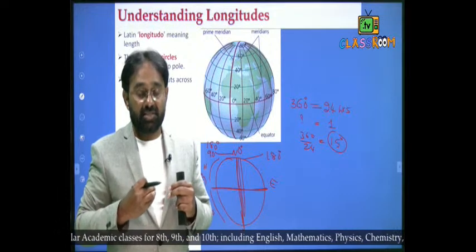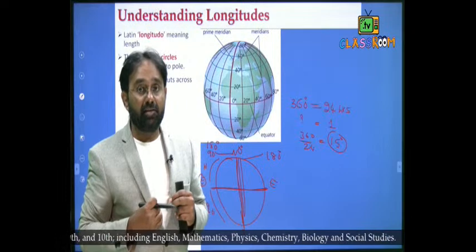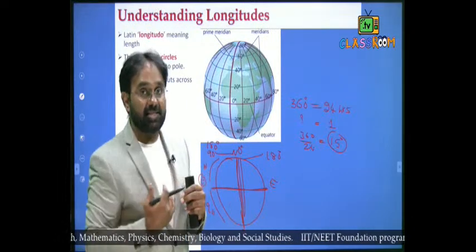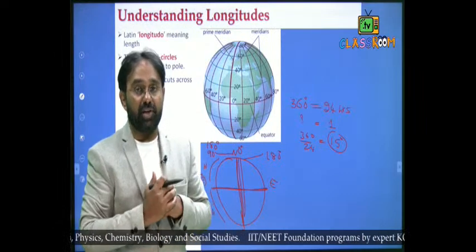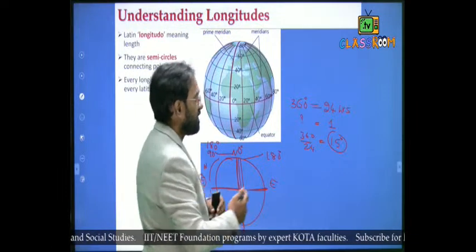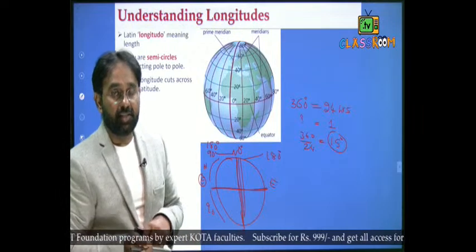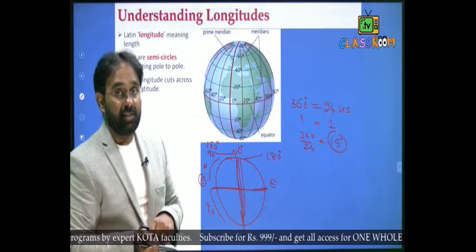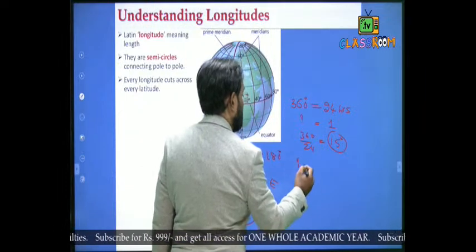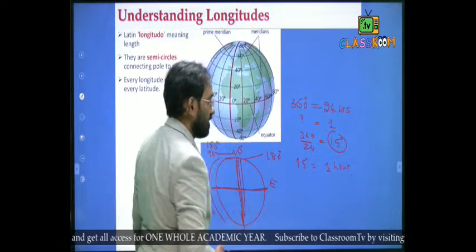That means a person who is standing here, after the next 1 hour, will see himself moved around 15 degrees because of the rotation of the earth. So 15 degrees in 1 hour.